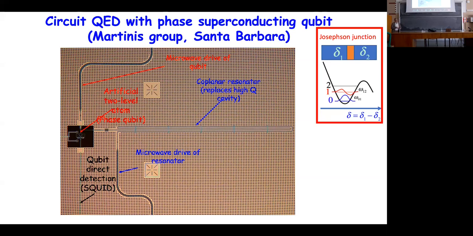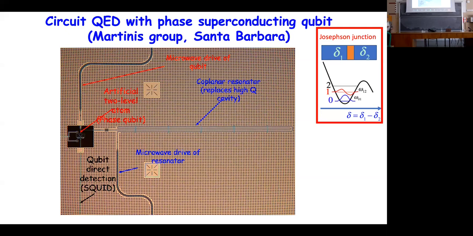The electrons in the two islands are superconducting pairs of electrons, which have phases, delta 1 and delta 2, and there is a phase difference between the two. The Josephson effect says that when you have a phase difference, you have a current going through the gap. The phase difference plays the role of the position, and you have a potential which depends upon the phase difference.